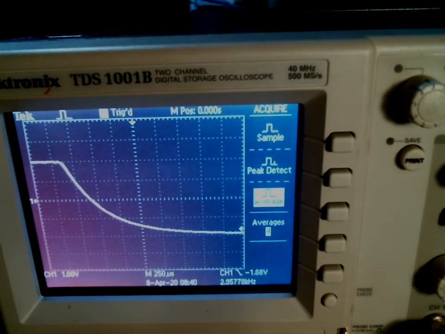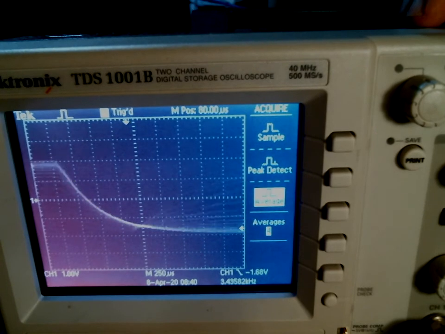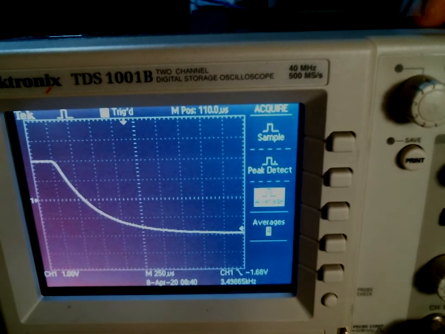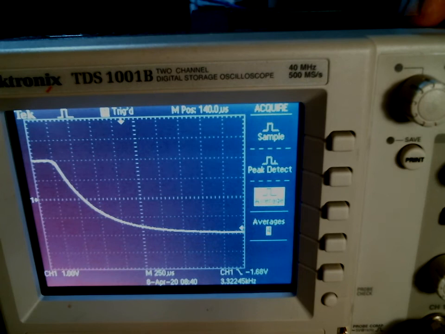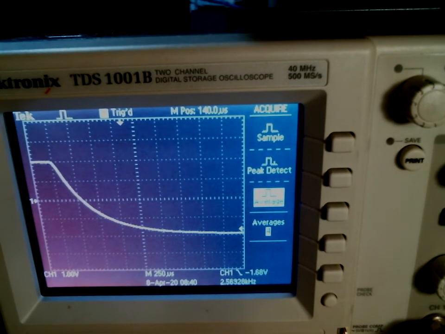So to make this easier to measure, I'm going to use the horizontal position knob on the scope to scoot this over a little bit to the left. So now the beginning of the decay is lined up as well as I can do on one of these lines on the graph paper grid.